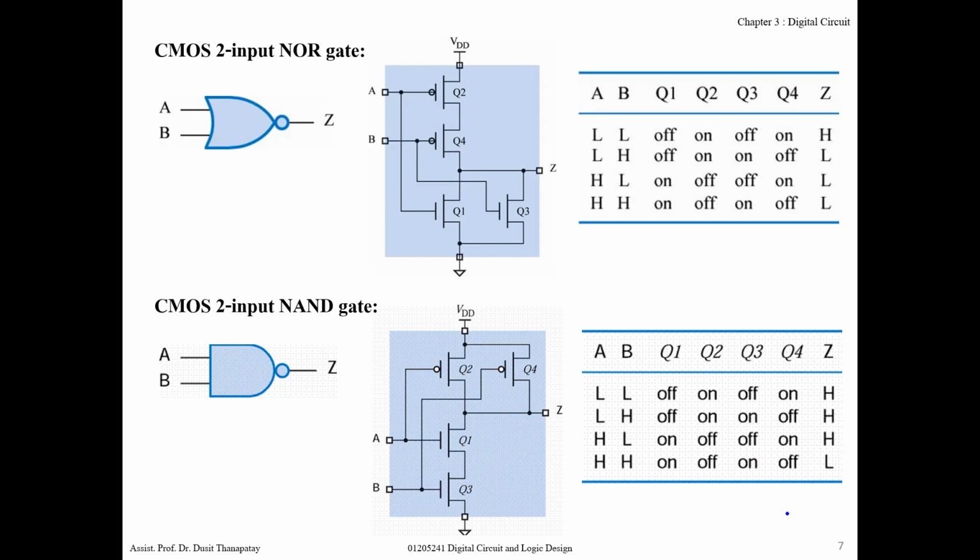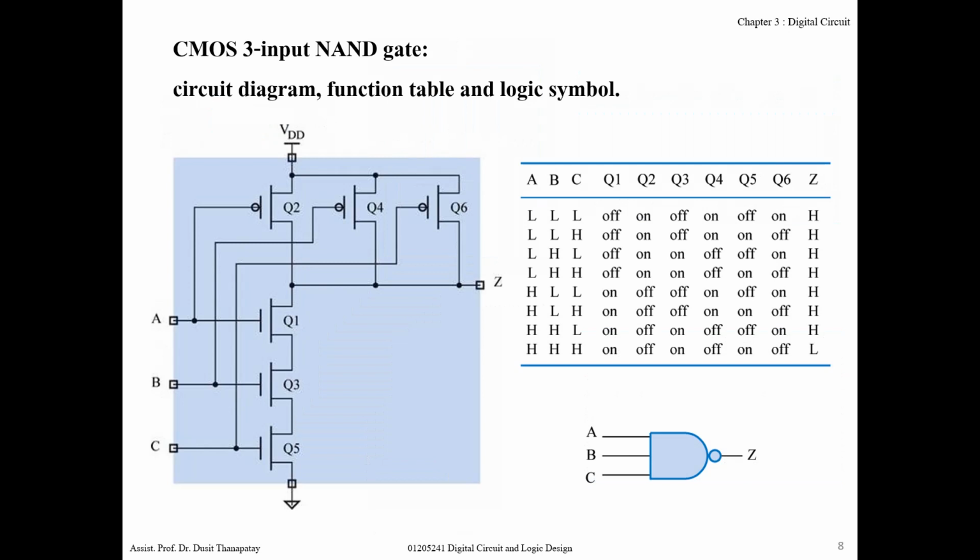How about this? For this, there are how many? 1, 2, 3 inputs, right? Then you must analyze by applying the inputs A, B, C with values from low, low, low, through low, low, high, until high, high, high. That is 8 cases. For example, if you apply 0, 0, 0 here, this one is active high, but you apply 0, so it's off, off, off.